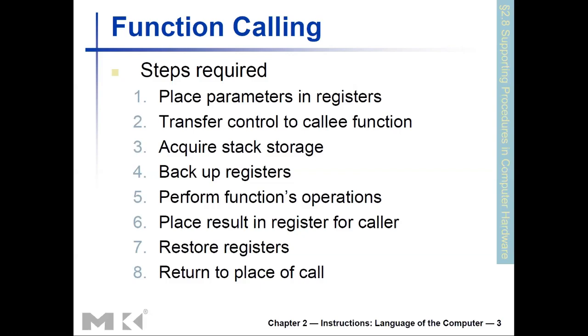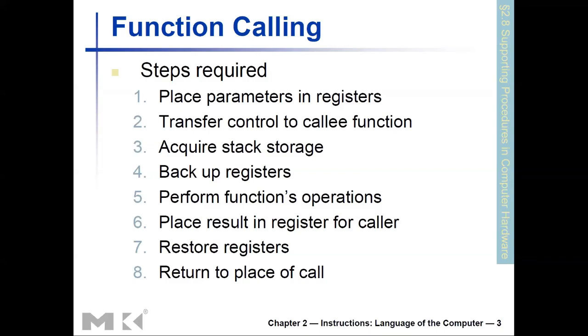You have to acquire stack storage, and then as the fourth step, you have to back up registers. That also we'll do. Then as the fifth step, you perform the function's operations. That is the core of the function.